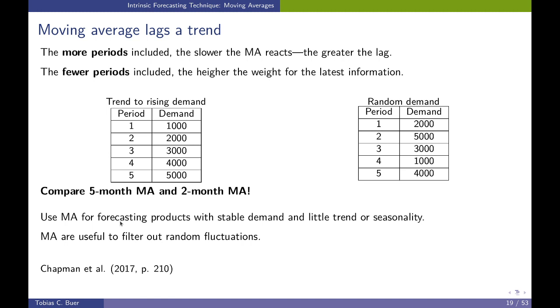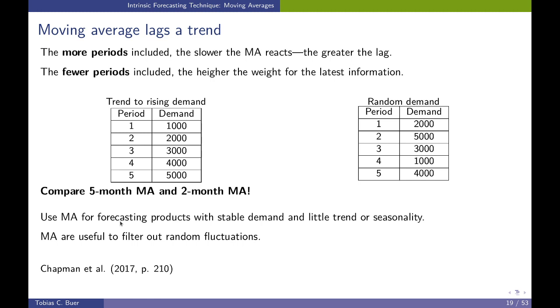And here I have a constructed example for you with two tables. You see on the left side in the table the demand in each period increases by 1000, from 1000 to 5000 in month 5. And in the right table I have exactly the same demand data, but there's not a clear trend, they are just placed randomly.